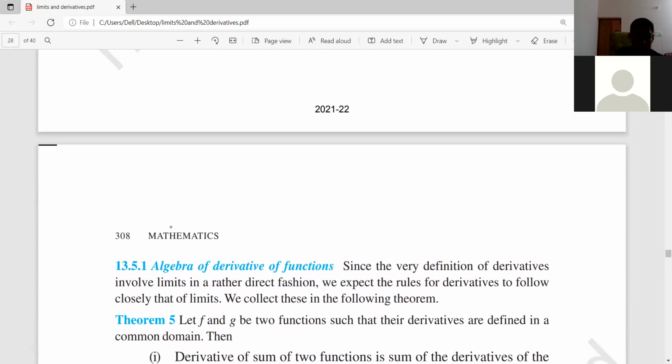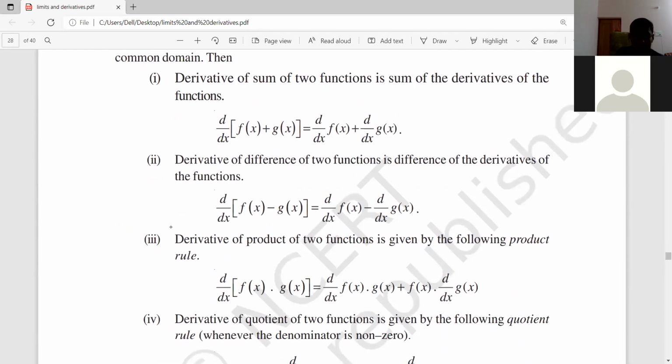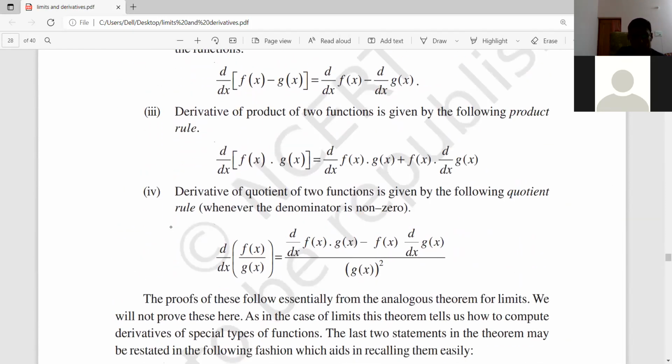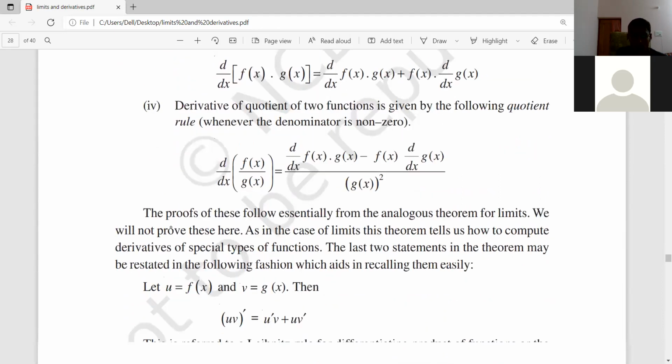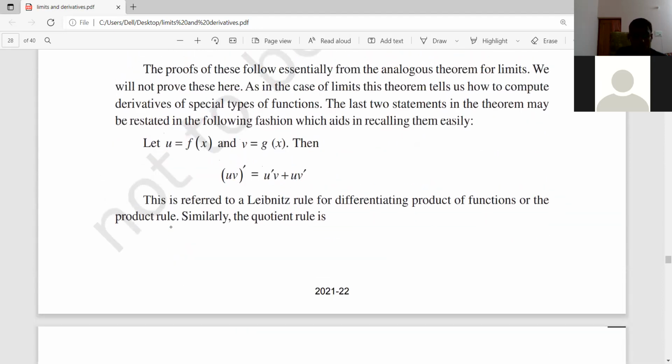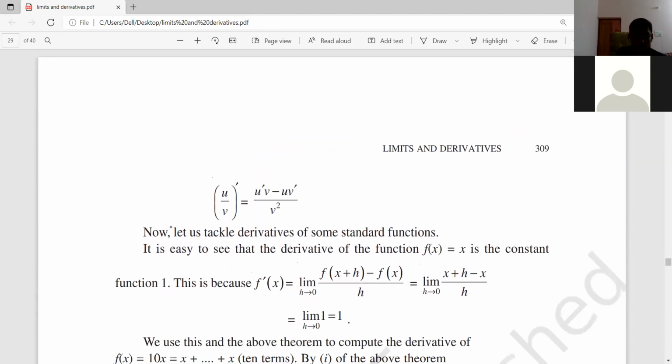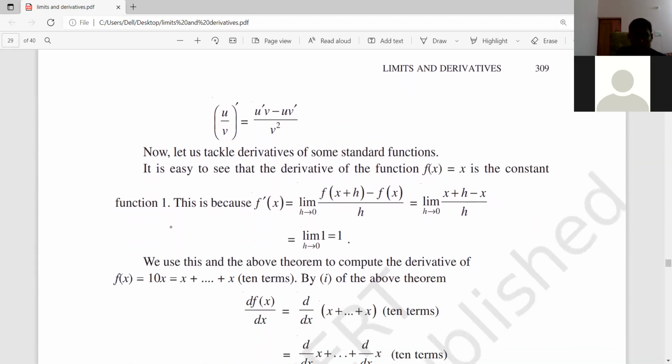The formula isn't hard to remember, I think, and the proof is given in the textbook also. This formula is there, no? The proof of this is essential. Like this u dash of x, no?